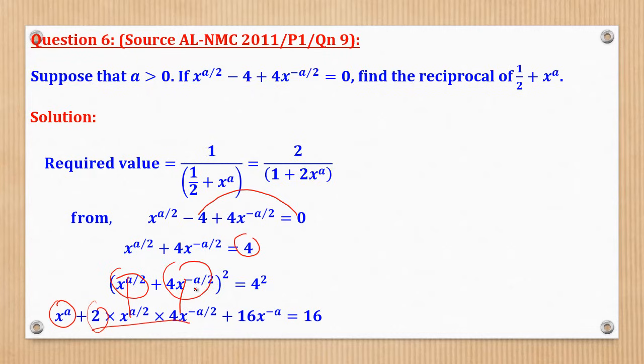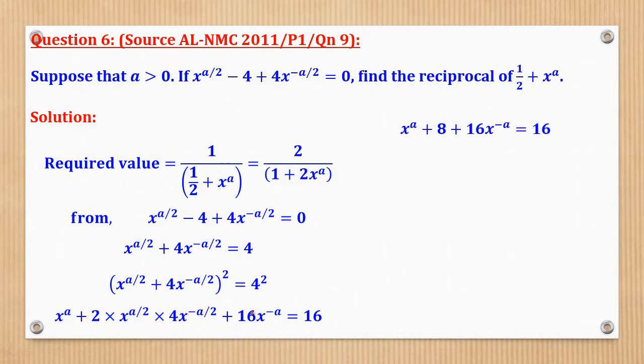Then also this squared gives you 16x power negative a. 4 squared is 16. So there I realize that this and this can cancel because it is the same as x power a over 2 times 1 over x power a over 2. If not, you can use the same base and add the powers to give you power 0.